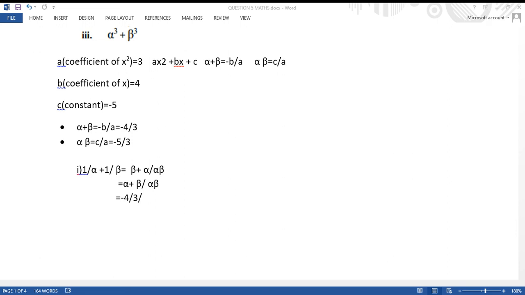Then negative 15 over 3 times -4 over 3, that is positive 60 over 9, which is here.